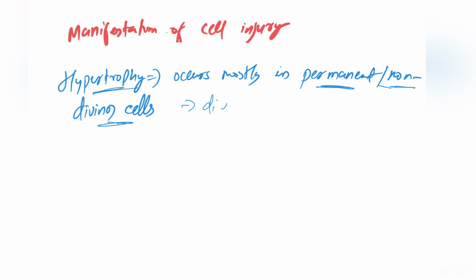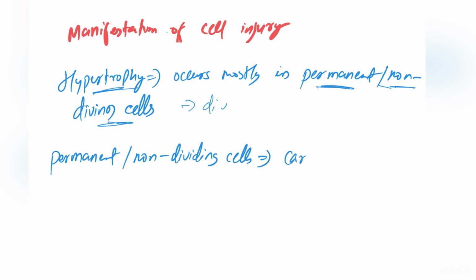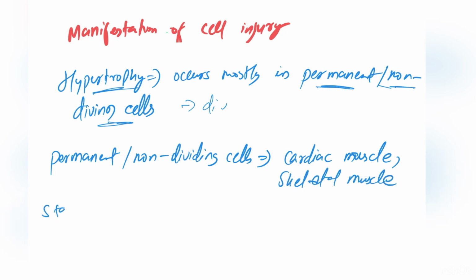Now let's differentiate the types of cells based on their division ability. We have different types, like permanent or non-dividing cells. I hope everybody knows this. Examples are cardiac muscle, which is permanent; they don't divide. Cardiac muscles, skeletal muscles. And there is another type which is stable cells, like in the liver or pancreas.